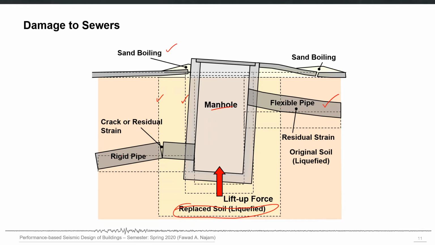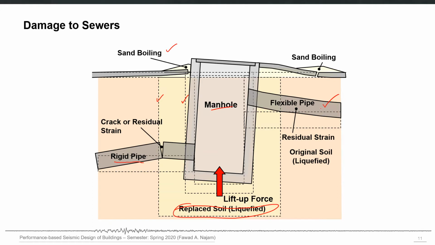So if we have any rigid pipes, for example made from concrete or any other cementitious materials, because they are cheap, so generally the concrete pipes are used, but they will have cracks in them because of this movement or this uplift force caused by the liquefied soil. So the flexible pipes will not be damaged in this case.